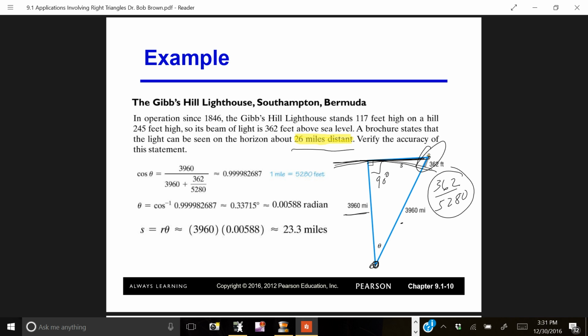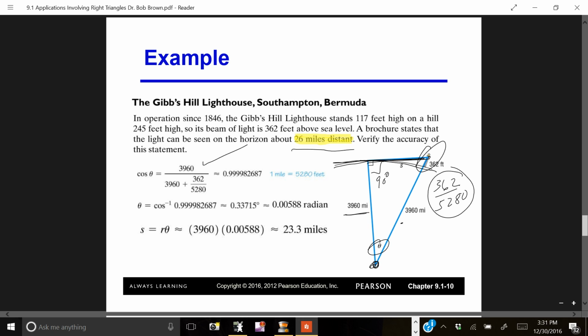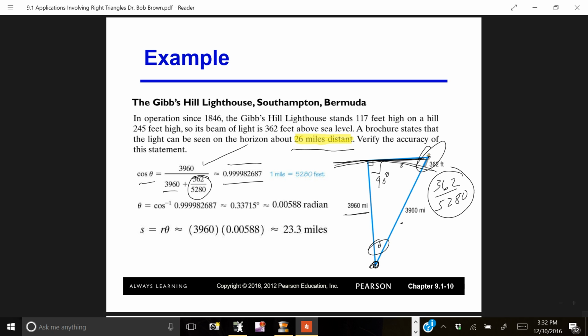So cosine of angle theta is equal to 3960 divided by the hypotenuse, which is 3960 plus 362 over 5,280. And you need to carry this out to a lot of decimal places. That cosine of theta is equal to this number.